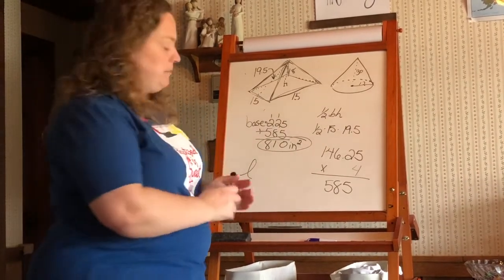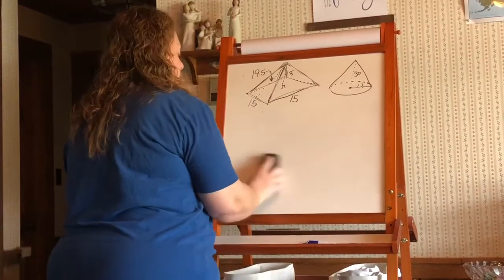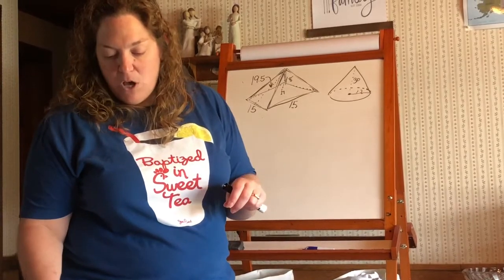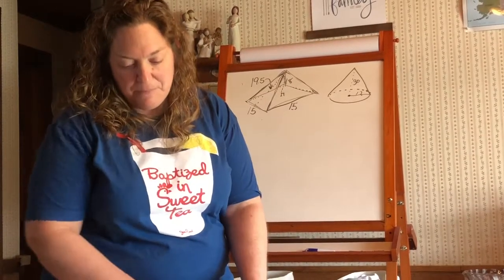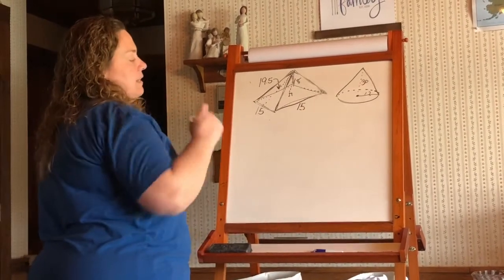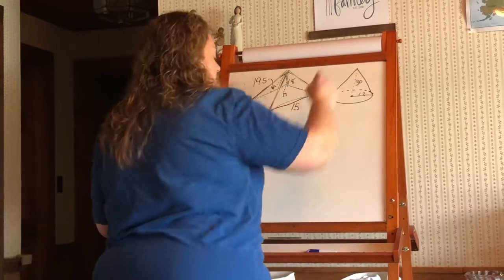Okay, last one. Surface area of a cone. So if we look at this surface area of a cone, we have, again, the area of the base plus the area of the lateral sides.